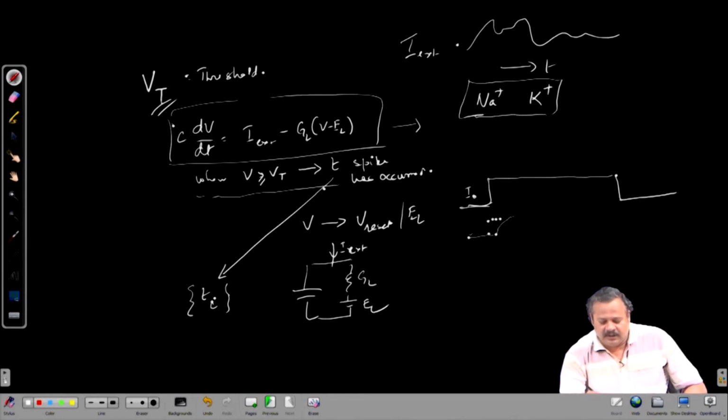given how the behavior is going to be, what we will see is that the capacitor will charge, that is the integration part. As soon as it reaches, let us say, V threshold, we say there is an action potential. We take it back to VL and then it will charge again, and we say there is an action potential, and then it will come back and charge again, there is an action potential.